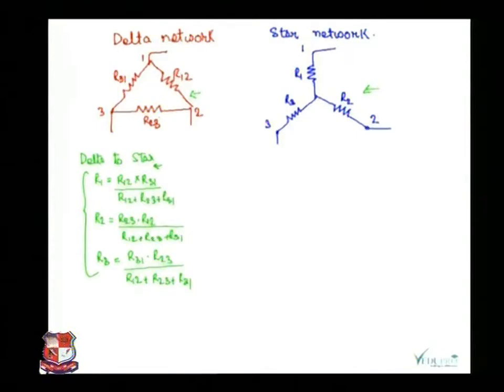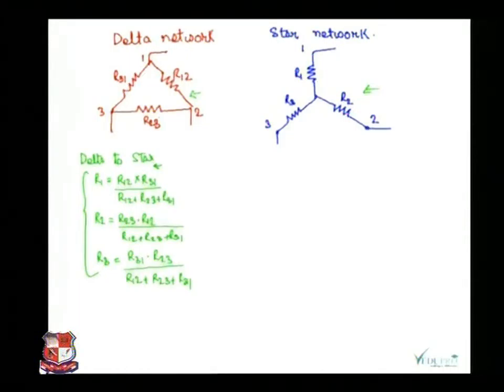Here R1 will be equal to R12 into R31 upon the summation of all the resistances. R2 will be equal to R23 into R12 divided by the summation of all the resistances. R3 will be R31 dot R23 upon the summation of all the resistances.